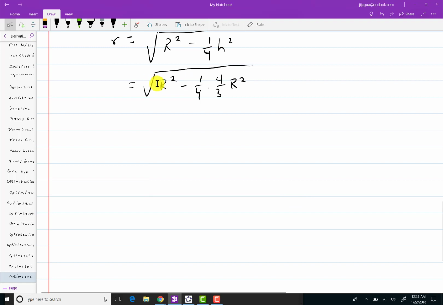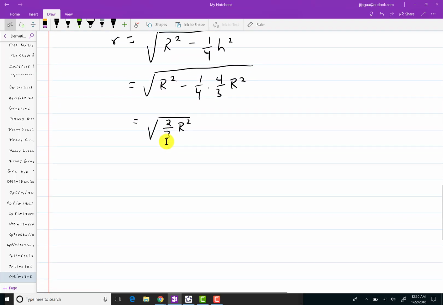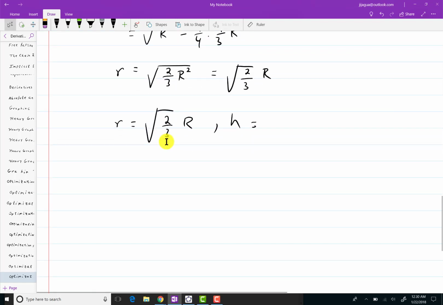That is R squared minus 1/3 R squared. So that'll end up being the square root of 2/3 capital R squared, and then that will end up being the square root of 2/3 capital R. That's little r. So those are our dimensions. Little r equals the square root of 2/3 capital R. h equals 2 over radical 3 capital R. And there you go.